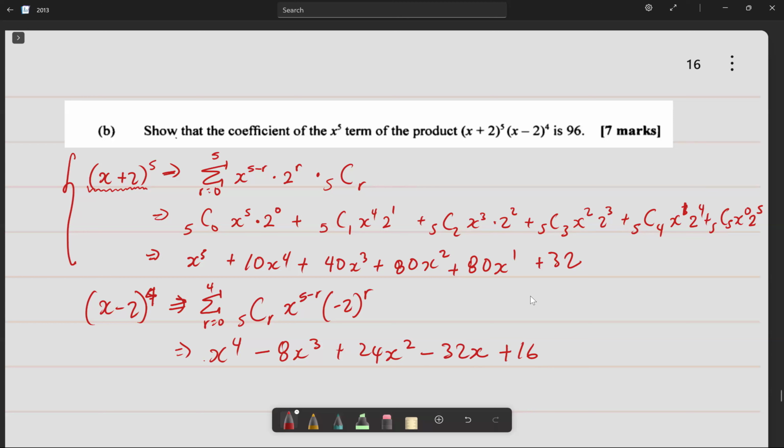Now, what's important to notice here is that we're looking for the x to the 5th term, right? There are some of them that we just don't need for the x to the 5th term to make sense.